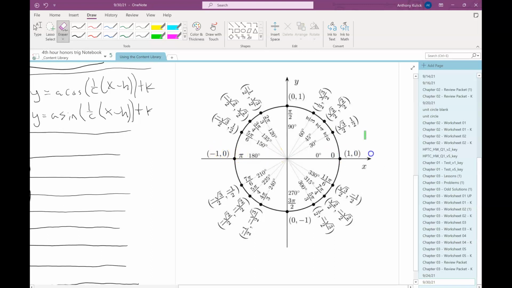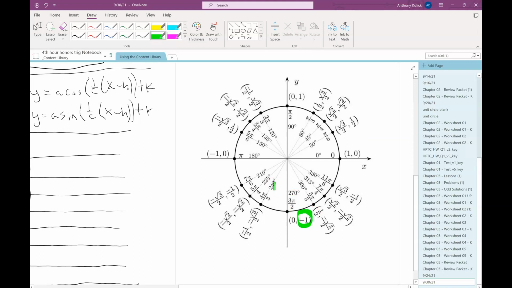Okay. The range for sine is related to the y-coordinates on the unit circle, right? Those are the outputs for sine. The smallest output for sine is going to be the same as the smallest y-coordinate on the unit circle. That's -1.